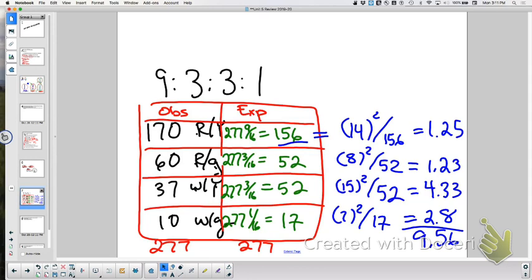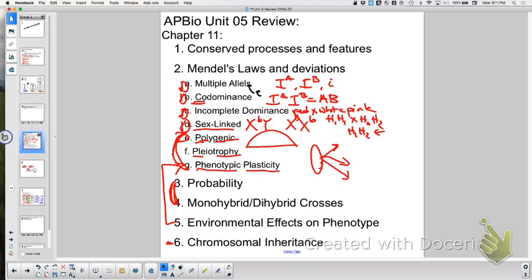No, what are we going to do? Reject it. There must be something going on with this data to make it come up this way. You need to know how to do that. Do you hear me? You need to know how to do what I just did. Okay. I think we did all of that.